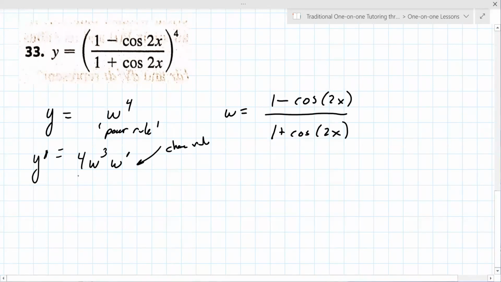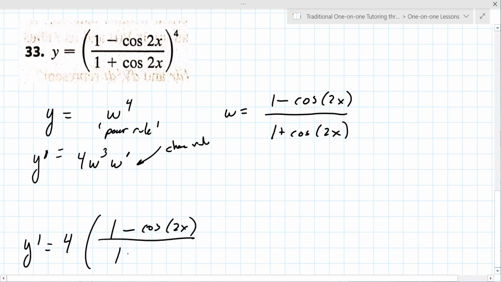So is that part okay? Yes. All right. Now, eventually you're going to write 1 minus cosine 2x over 1 plus cosine 2x, like this, to the power of 3. And that's this first part here. That's how we usually start it. And you can do that. This is how it all works.